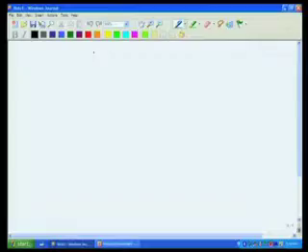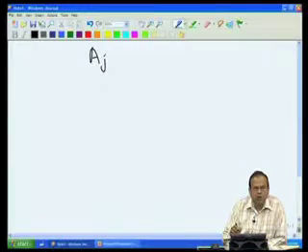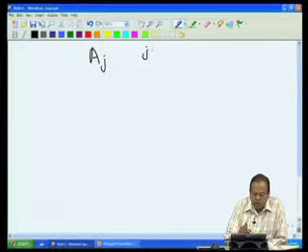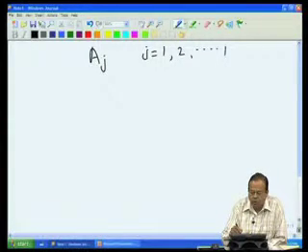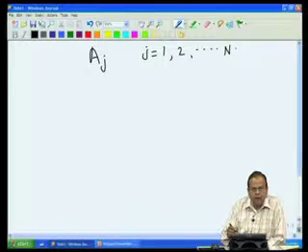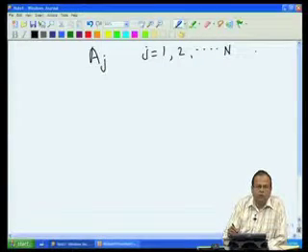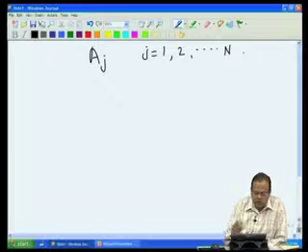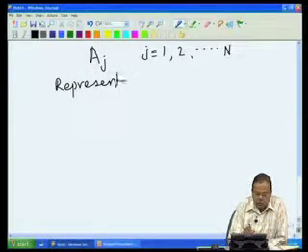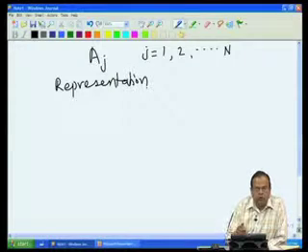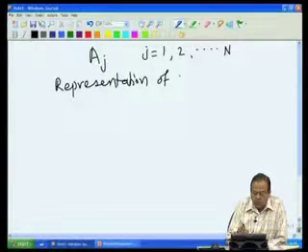So, leaving the specifics of the reaction aside for time being, we said that we have large number of species, let us say A_j, where j can go from 1, 2 up to some number n. So, we essentially have chemical reactions within this species, and we talked about how we represent this reaction. So, that was our starting point, that is representation of chemical reaction.